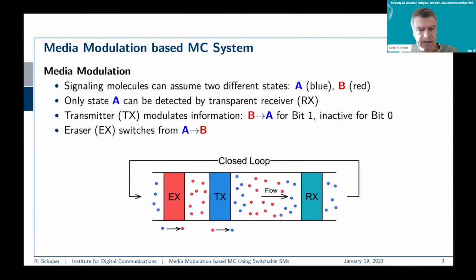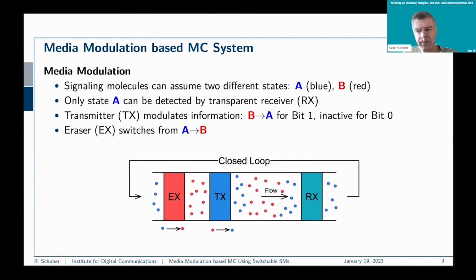Now, here's an example of how this could look in a transmission system. So we have signaling molecules that can be switched between two states, a state A and a state B. And the receiver may only be able to detect molecules in state A. Then we could convey information by having a transmitter that switches the molecules from state B to state A if we want to convey a binary 1.